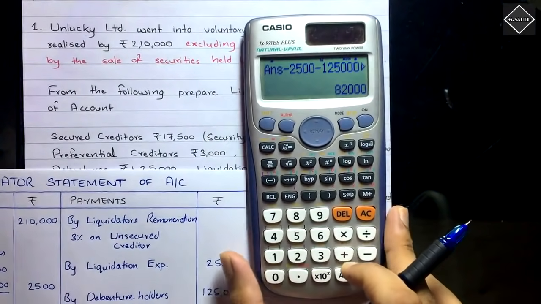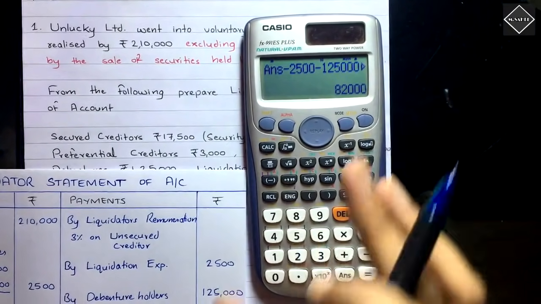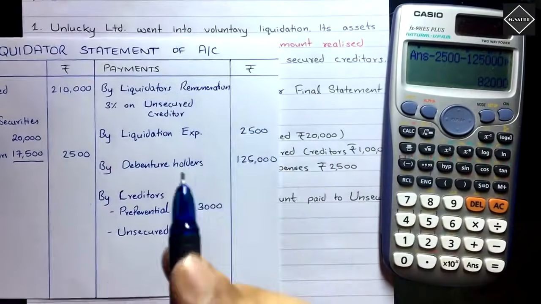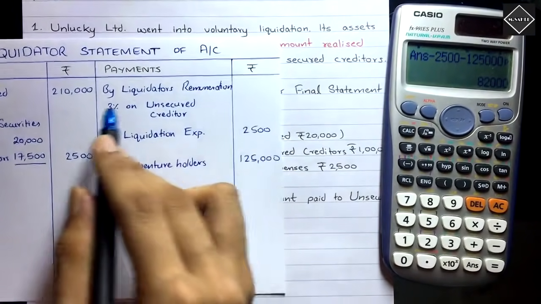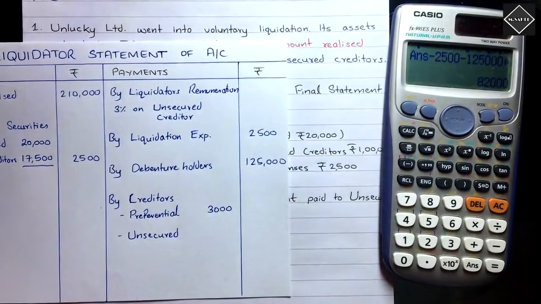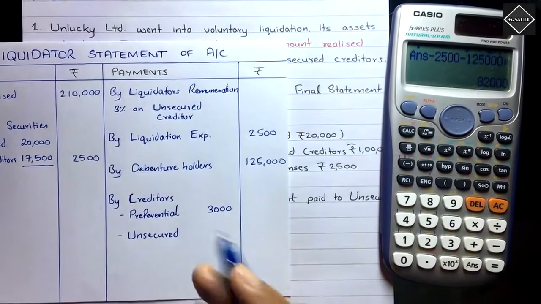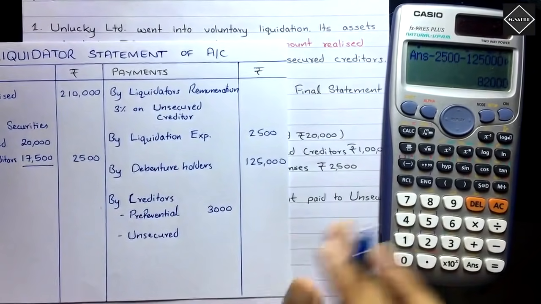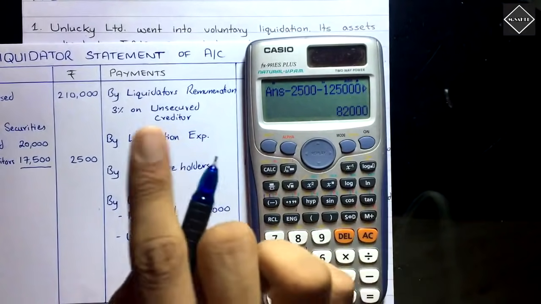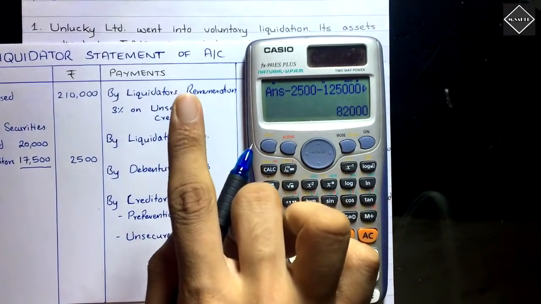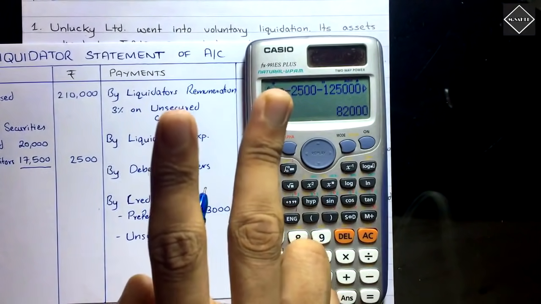And in this 82,000 we have to pay the liquidator remuneration, that is 3% on unsecured creditors, and we also have to pay something to unsecured creditors, who are paid at last. So in this 82,000 we have to pay remuneration on unsecured creditors and the unsecured creditors themselves.